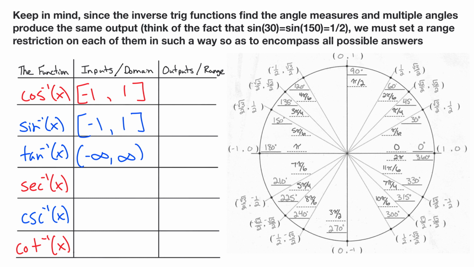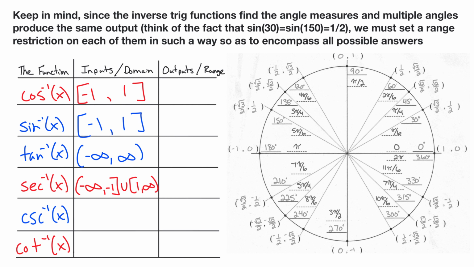Secant is where it gets even more weird. Secant is the reciprocal of cosine. That means that its domain is going to be from negative infinity all the way to negative 1, union 1 to infinity.